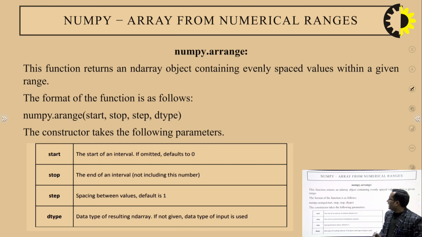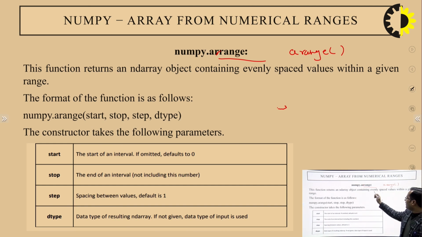Another routine to create ndarray objects is arange. This function returns an ndarray object containing evenly spaced values within a given range.